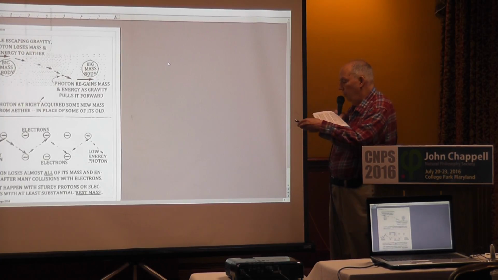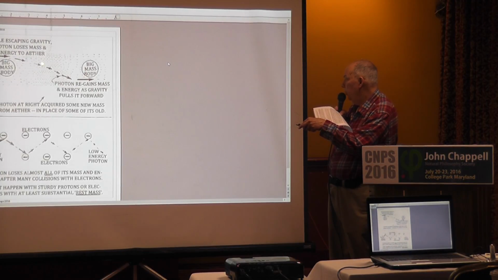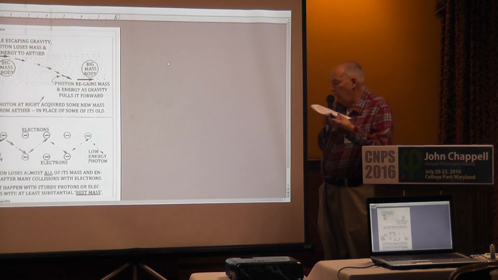And here we try to show a big photon or a high mass photon that is decreasing in mass and energy as it leaves one body and increases in energy and mass as it gets closer to another high mass body.